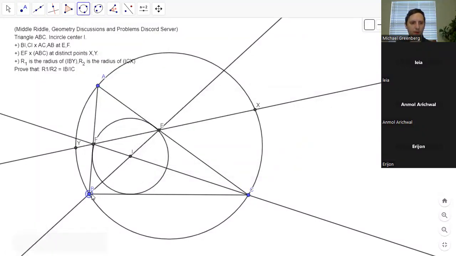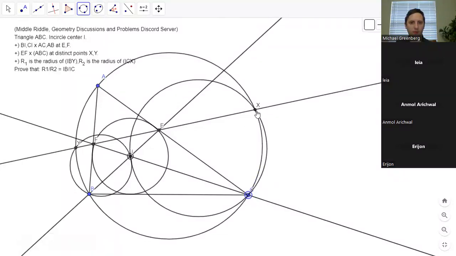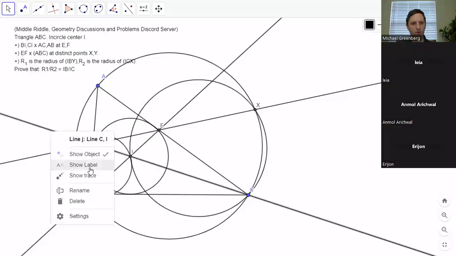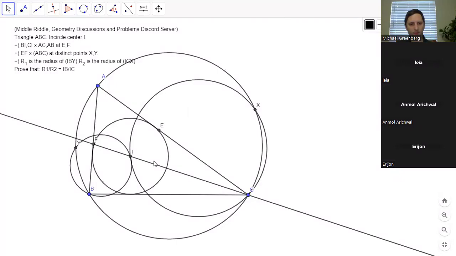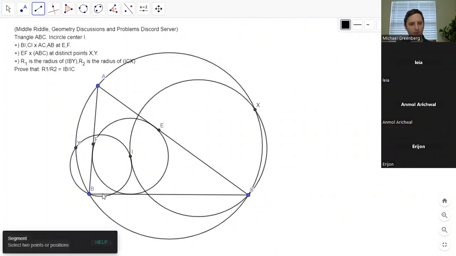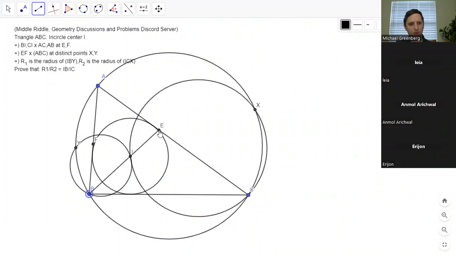So if R1 is the radius of IBY and R2 is the radius of ICX, then we want to show that IB over IC is R1 over R2. Okay. It's interesting. So we have this, this, and this.